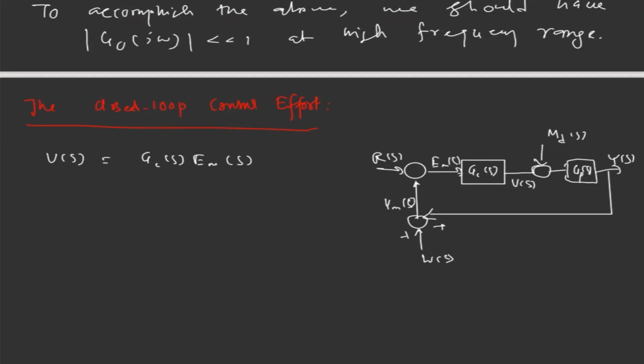So from this figure, we can write U(s) as G_C(s) times E_M(s). And E_M(s) we already derived in the last lecture, please follow.